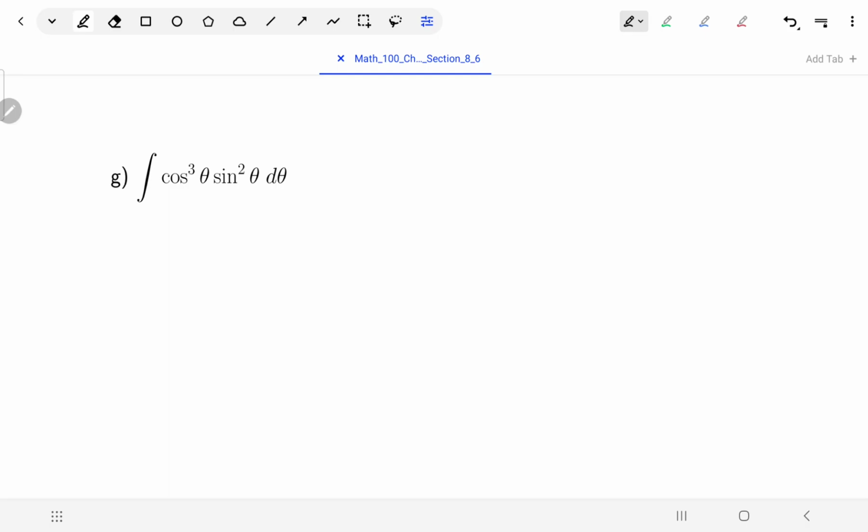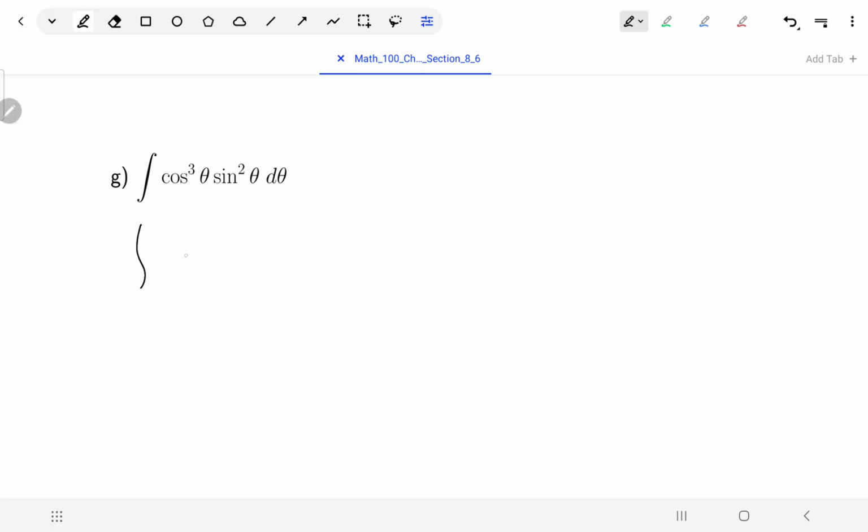So again, I'm going to use the fact that the derivative of sine is cosine, or you could use the derivative of cosine as negative sine, whichever you prefer. But I'm going to have to do a little bit of a rewrite here so that instead of having a sine squared or a cosine cubed, I either have a single sine of theta or a single cosine of theta left behind.